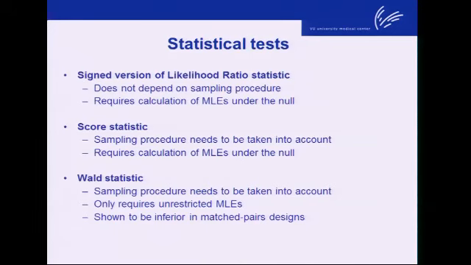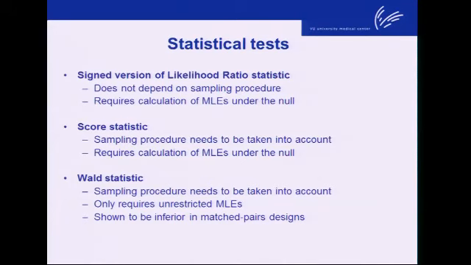The score statistic depends on the expectation of y, so the expectation of the number of positives on the test that you sample. So that needs to be taken into account, and that also requires the maximum likelihood estimators under the null constraint.